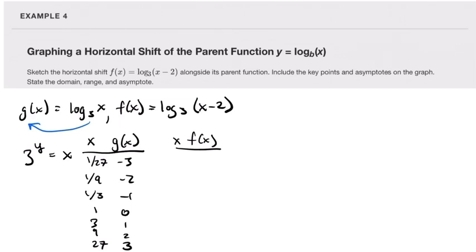If we want to move the graph to the right by 2, basically we're going to add 2 to all the x values. The y only affects the x. So we're going to say this plus 2, this plus 2, all of these plus 2.